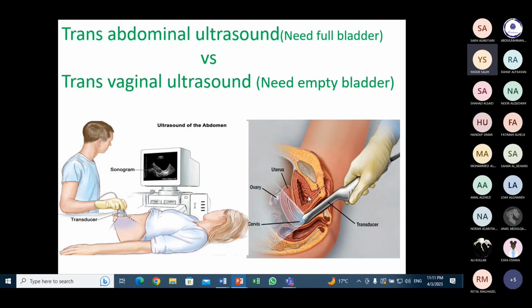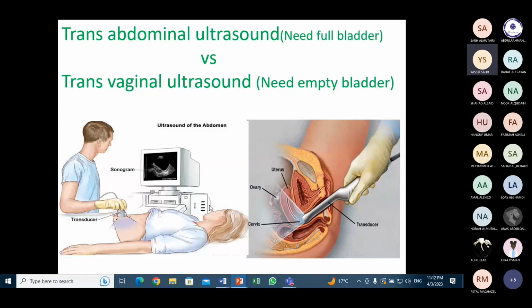In this technique, the bladder should be empty, or sometimes we need a small amount of urine, because it is used as a landmark to know the structures. But in contrast, in the transabdominal technique, the urinary bladder should be full.